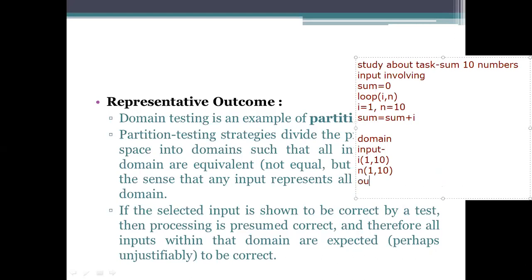If you want to know about the output values, the output variable we are using is the summation.